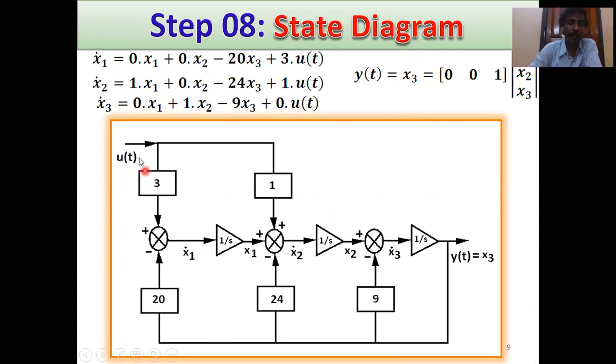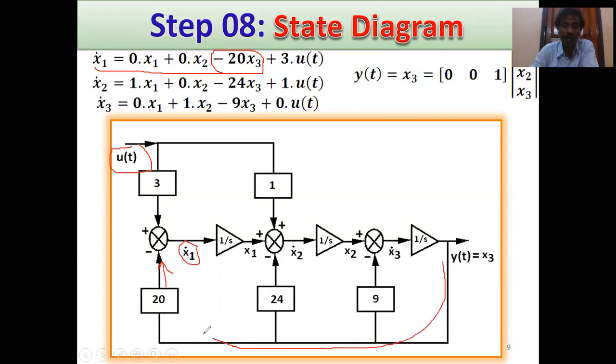So first, this is u of t, the reference input u of t. And this is x1 dot. x1 dot equals what? x1 dot equals minus 20 into x3. This is the minus 20 path and this is the x3 path.